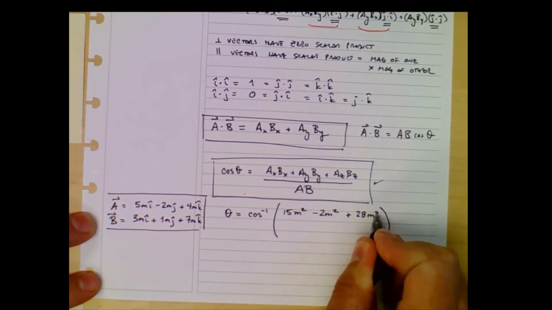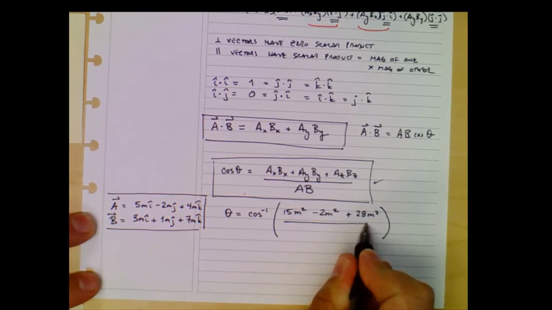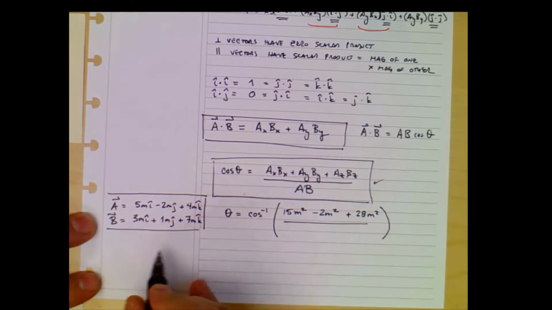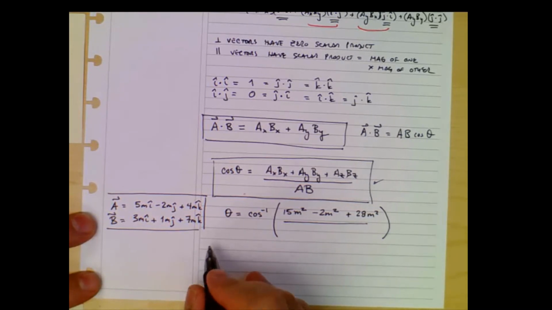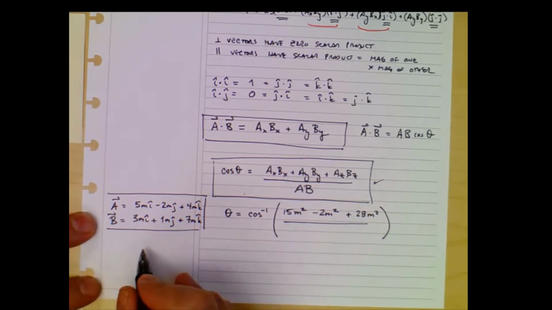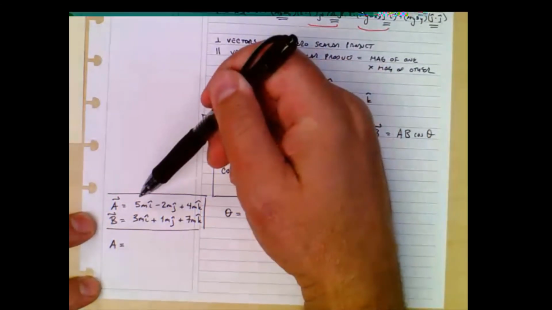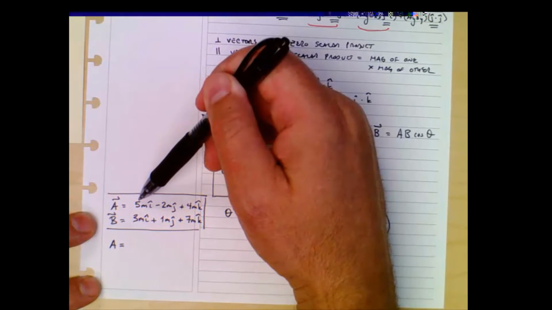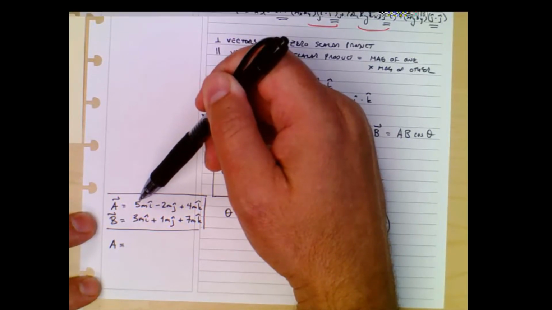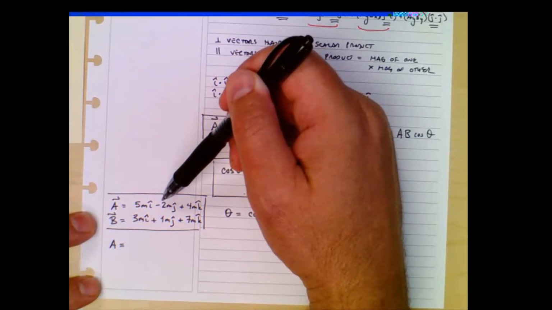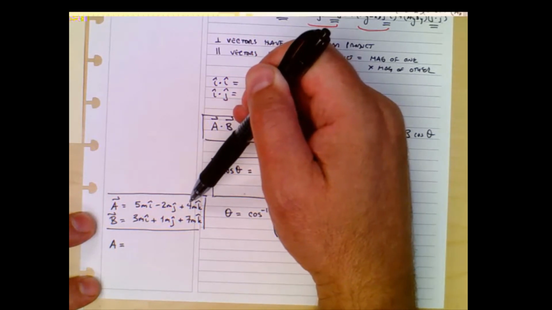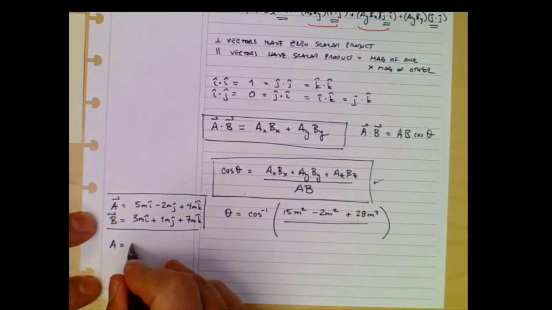And now I need to divide this by the magnitudes of A and B. So I have to do a little calculation, the magnitudes of A and B. So the magnitude of A is going to equal the square root of 25 meters squared plus 4 meters squared plus 16 meters squared, right?